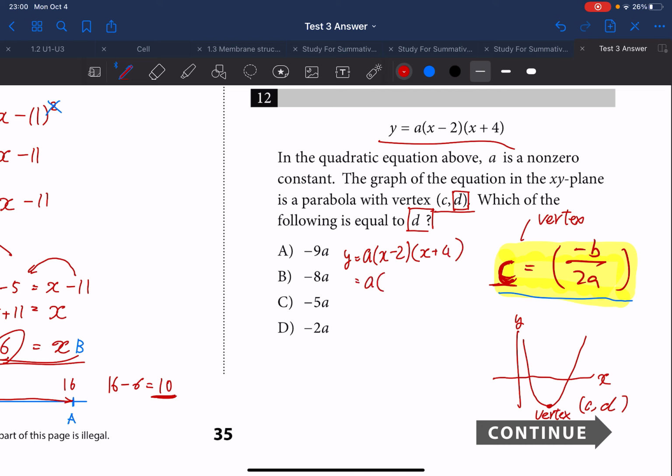And then we can make it easier. Multiply by each. We have x squared, and then plus 4x. We have minus 2x, and we have negative 8, right?